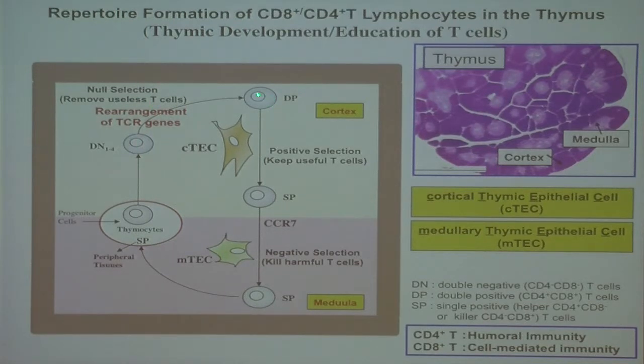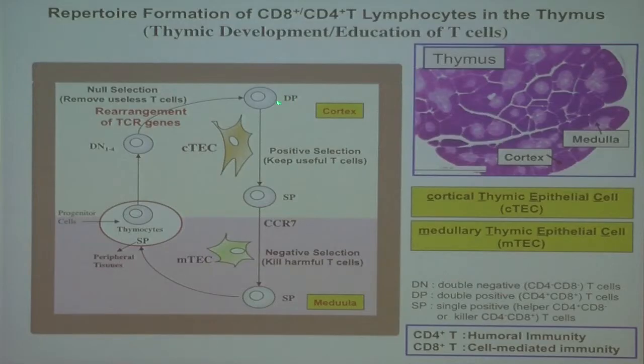So therefore, a large number of double positive cells are formed. Then double positive cells develop into single positive cells. In this case, people usually say this is an education. That means two processes: one is positive selection, another is negative selection.